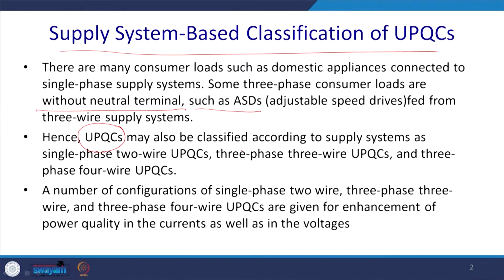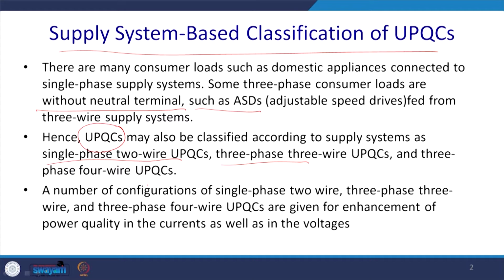For this reason the classification is according to the supply system as single phase 2 wire, which we have discussed in the chart in detail in our previous class, 3 phase 3 wire UPQC and 3 phase 4 wire UPQC.